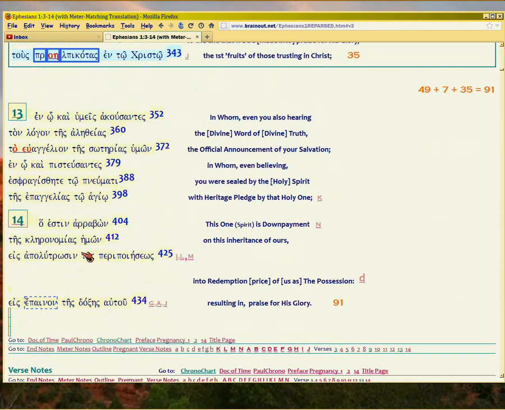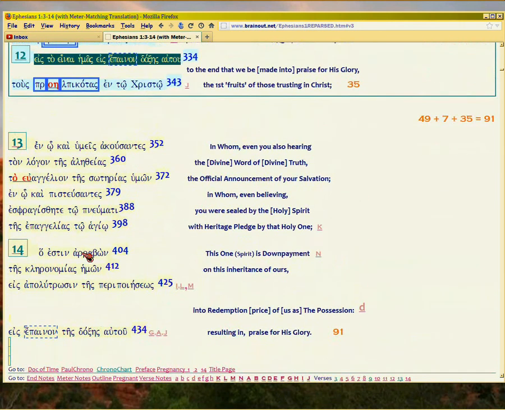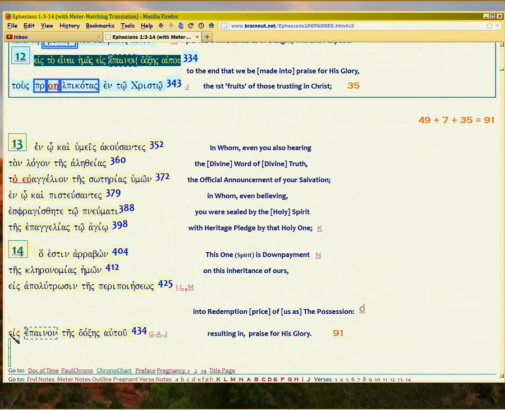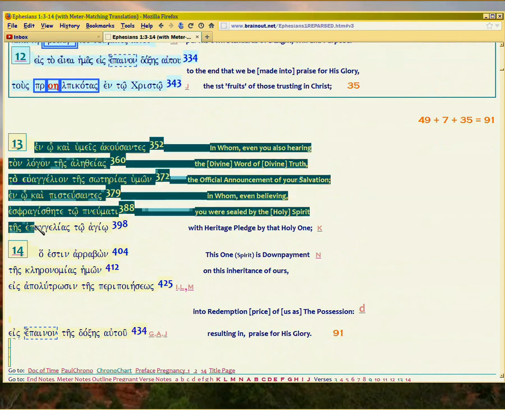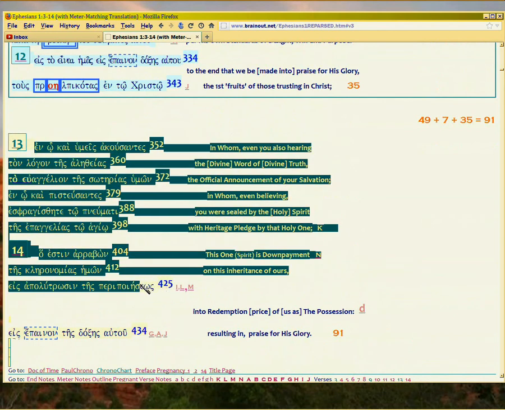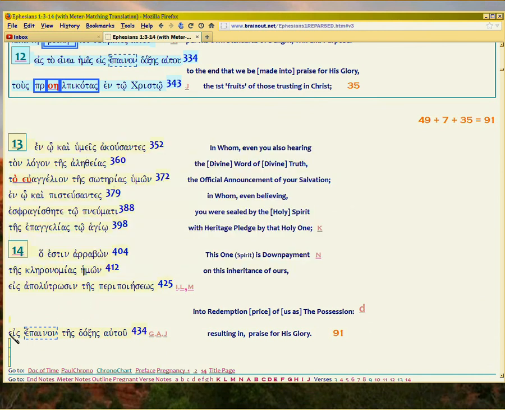Okay? And it ends down here with nobody. There's not even enough believers to constitute a subgroup that Paul can meter it in submeters. Oh no. There's only the few, and those are going to result in praise of his glory.